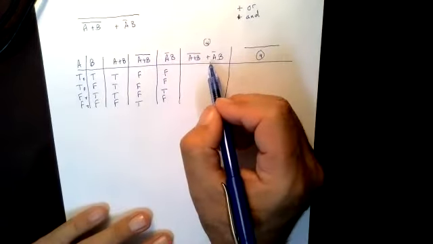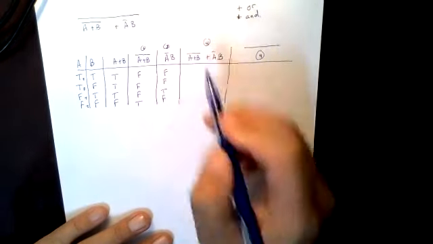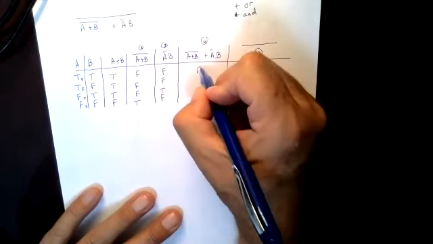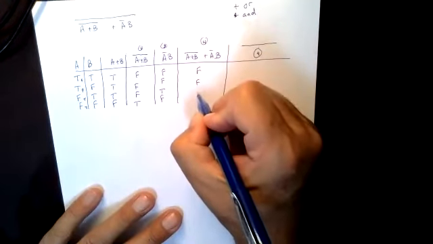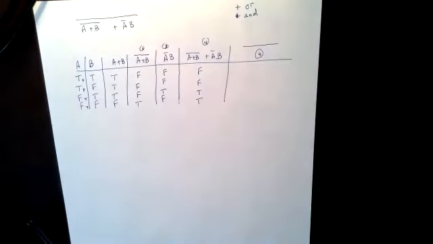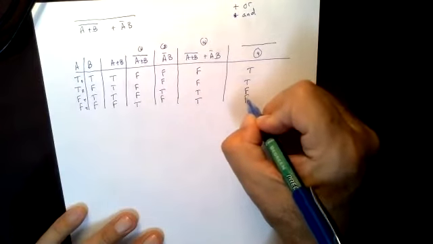Next step, I'm going to or columns 2 and 3. So I want to or this. False or false? False, false, true, true. Now I'm going to not that. I get true, true, false, and false.